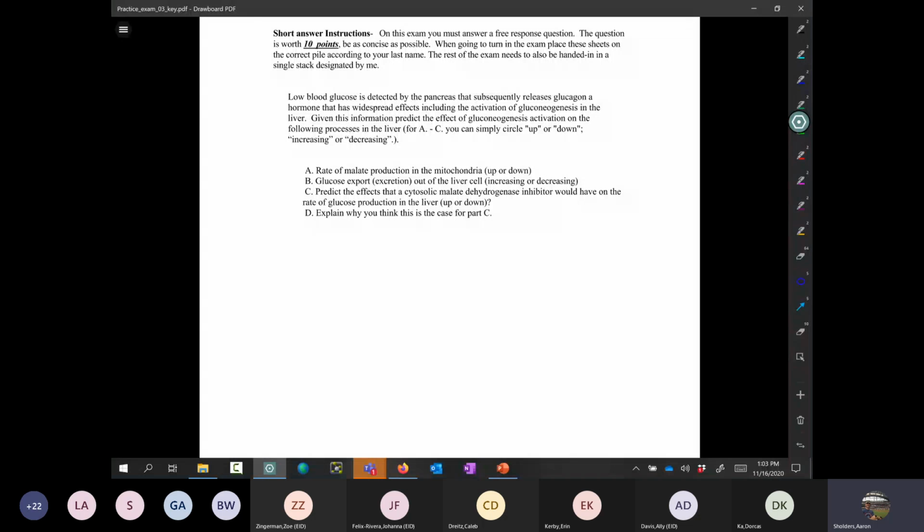Okay, so the whole idea here is that essentially we have gluconeogenesis running. If you were to think about it in this way, we could write it out this way: pyruvate is being converted to, and we'll just take it as one long arrow, glucose.